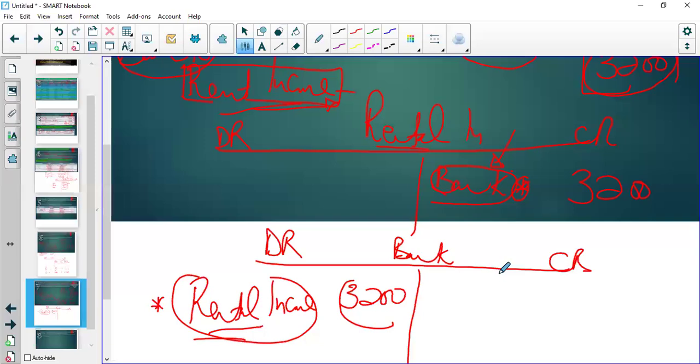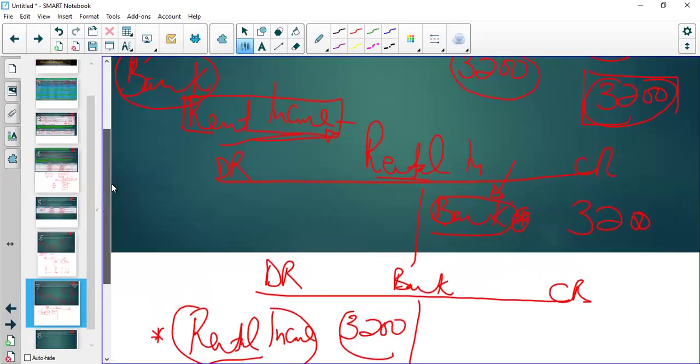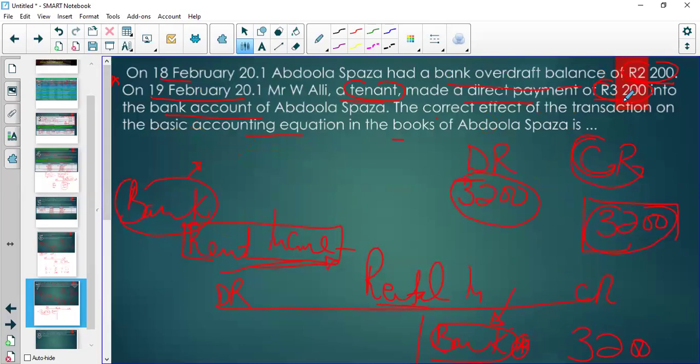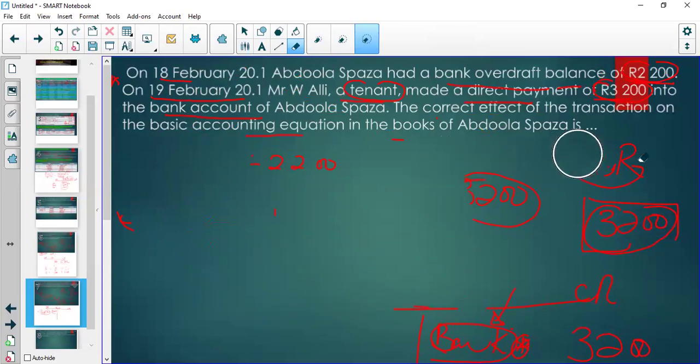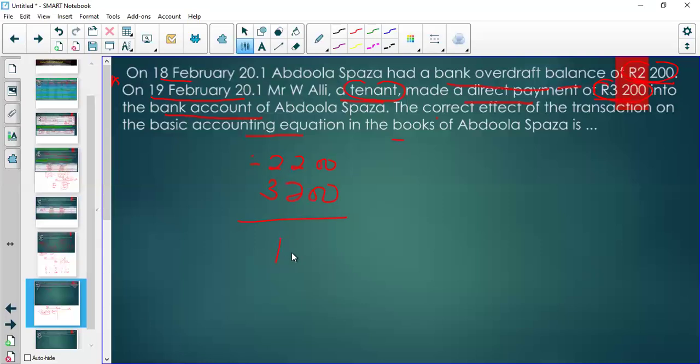Now, the interesting thing here is that we had an overdraft, so we were in a minus of 2,200. When we receive this payment, it allows us to cover the overdraft. So we have reduced the overdraft. We receive 3,200, so now in our bank account there is 1,000.